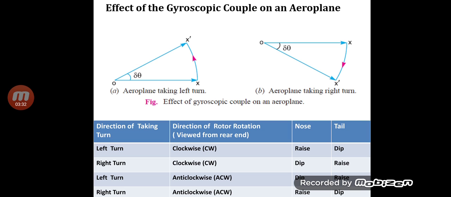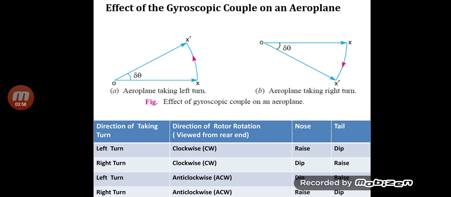This slide shows how the gyroscopic couple will act on the aeroplane. While the aeroplane is taking a left turn, what will happen due to the gyroscopic couple? Due to the gyroscopic couple, there is a chance that the nose of the aeroplane will get lifted, whereas while it is taking a right turn, the nose may get down.